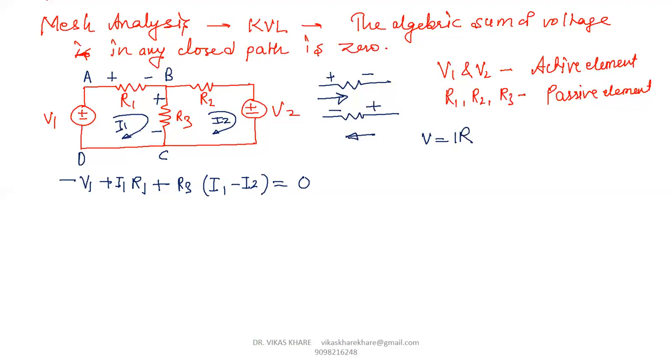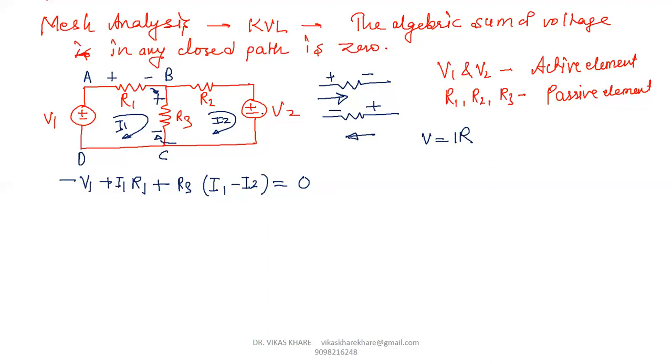Because in the first loop the reference current is I1, which enters through the positive terminal across R3. When we consider I1 as the reference loop, I2 current enters through the negative terminal. That's why we consider R3 into I1 minus I2 equals 0.